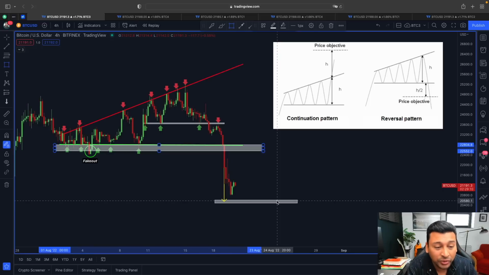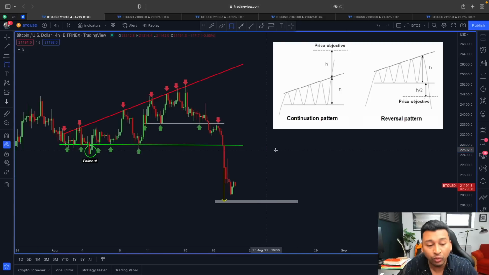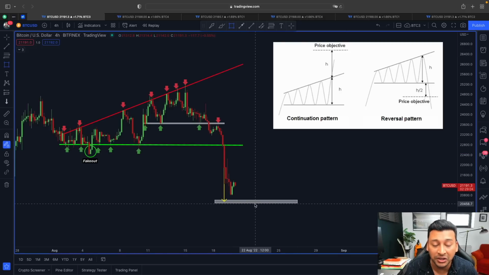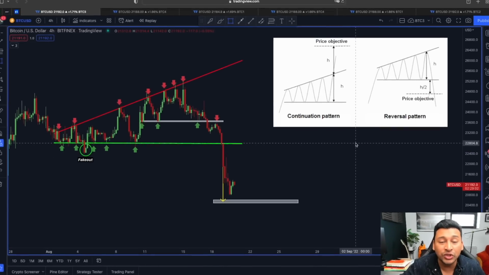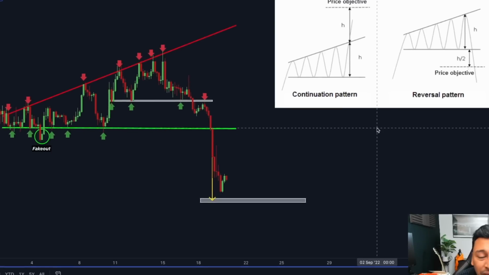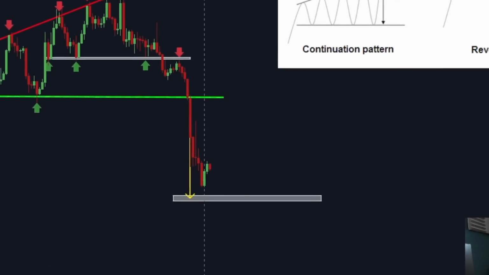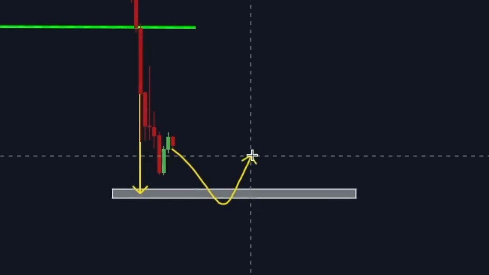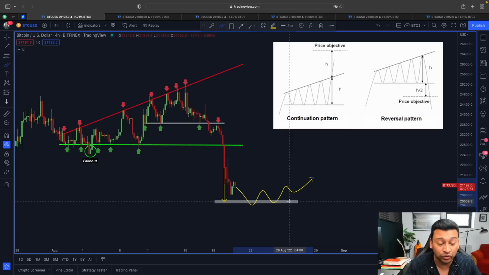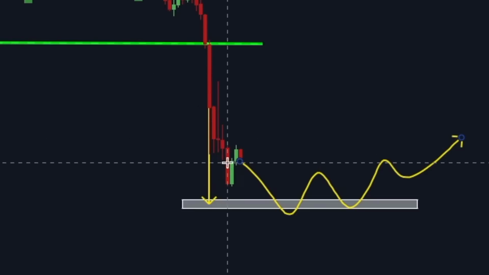So according to this right angle broadening wedge, if this trend continuation is going to happen, then our price target here in the medium to short term is going to be between 20,400 and 20,500 before the price of Bitcoin shows any sort of consolidation or range-bound scenario, because according to this right angle broadening wedge, price has broken one of the most important support lines, the lower line area, and as soon as we broke below that, you can see we started with this bearish trend.